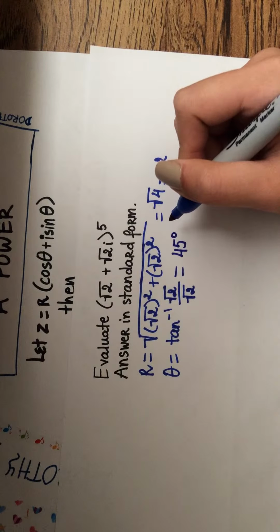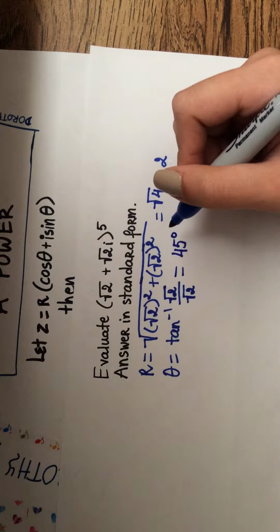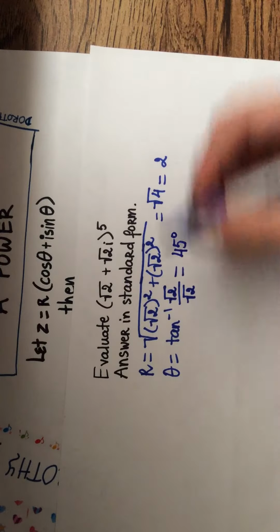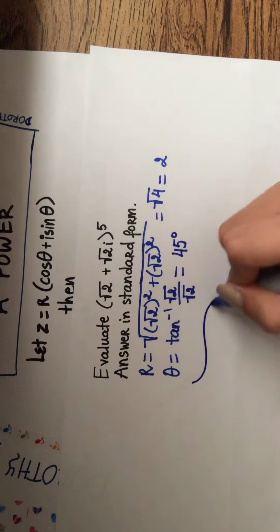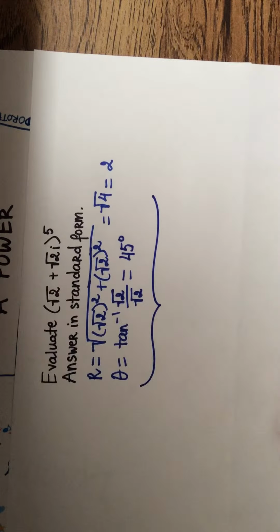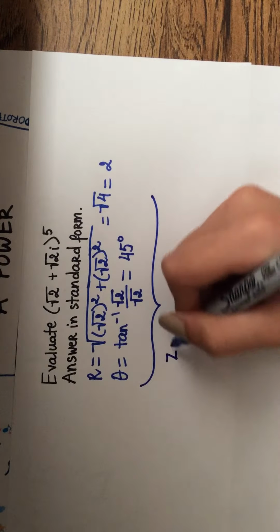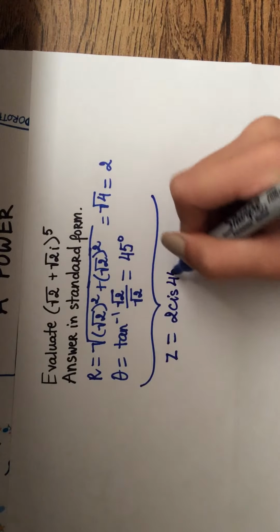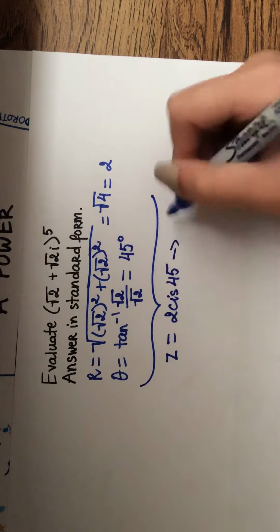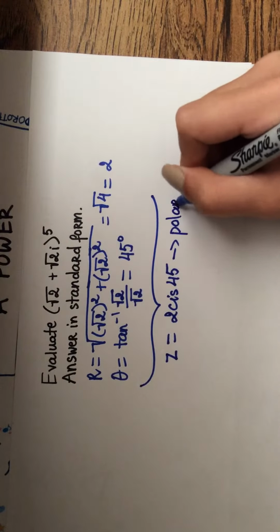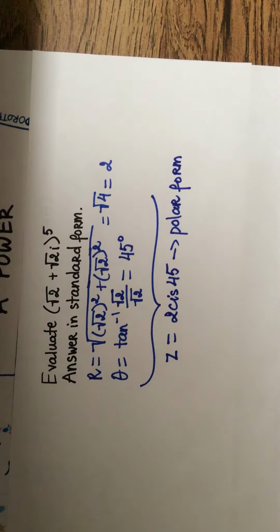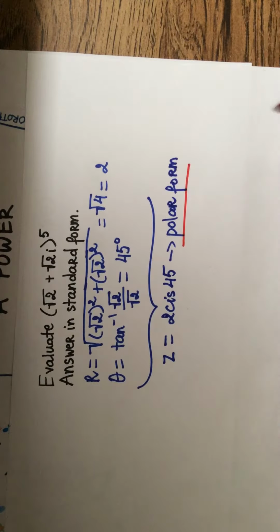You can do this by looking at your unit circle, or you can just put it in your calculator and it will give you the exact number. So with your theta and your r, you get the formula C equals 2 cos 45, which is your polar form. Now you can start with the problem.